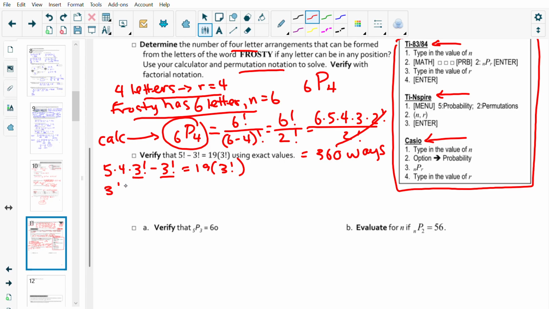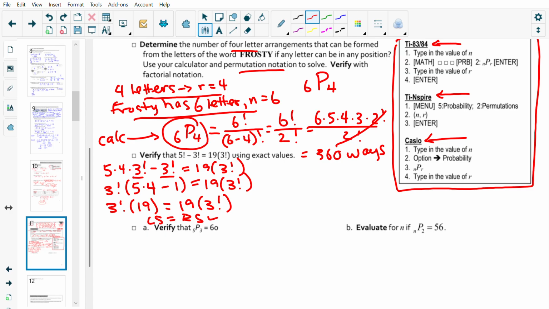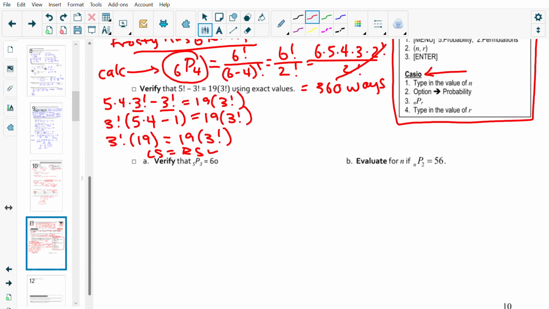I can factor out a 3 factorial. That's 5 times 4 minus 1. That's the key part here. And then inside the brackets, that's 20 minus 1 is 19. And that most certainly equals 19 times 3 factorial. So left side equals right side, and check.